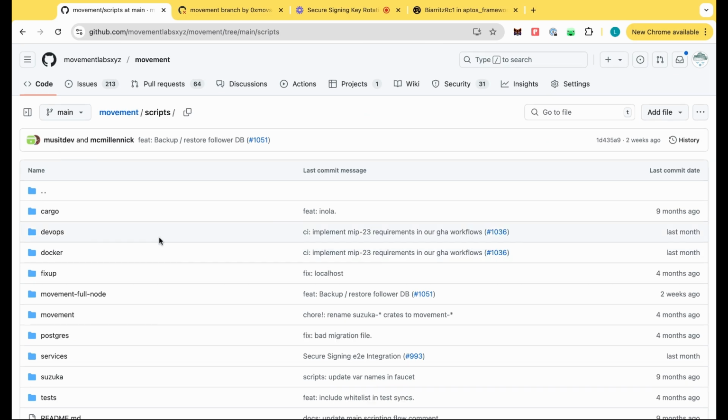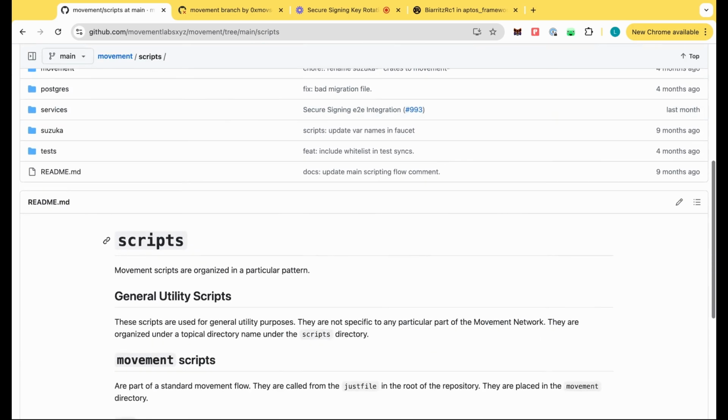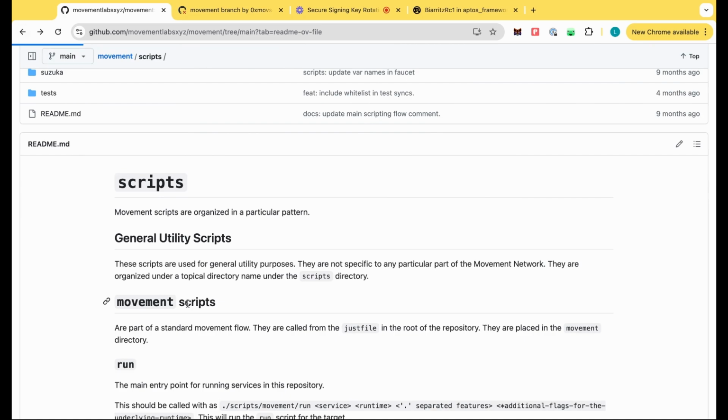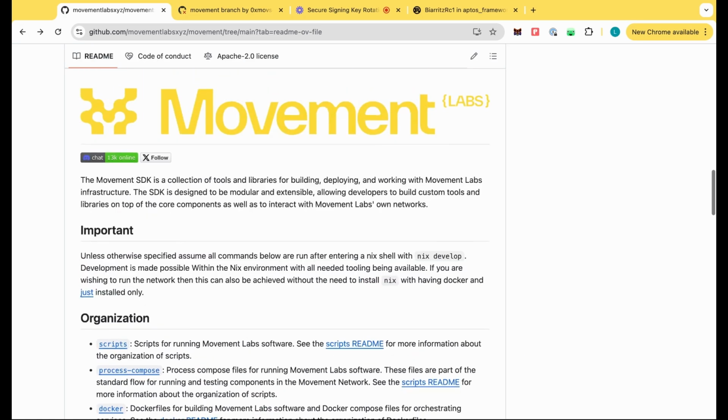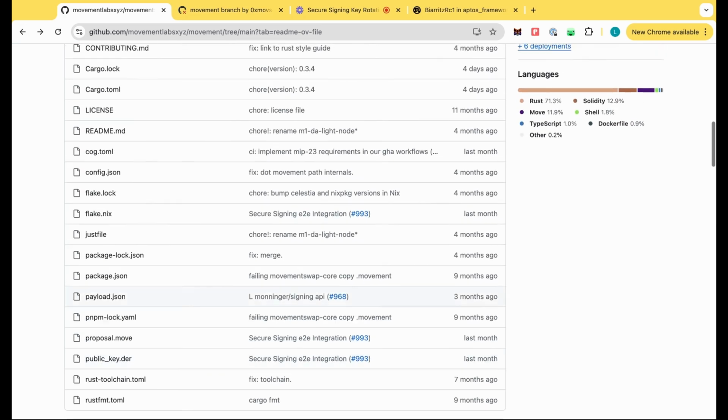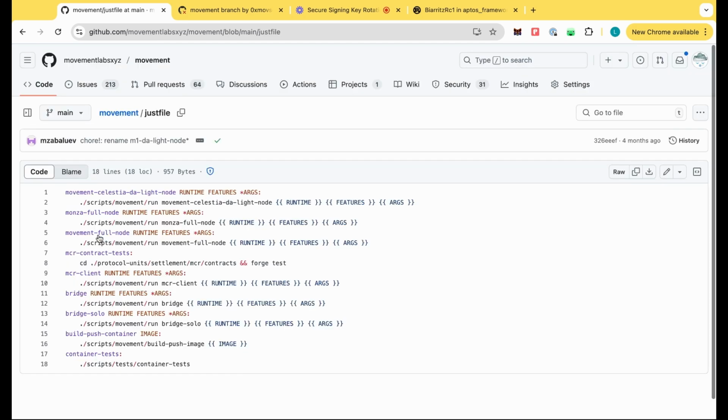The basic idea is that there's a just file which is used to essentially take a singular process command and apply a bunch of different overlays or features.